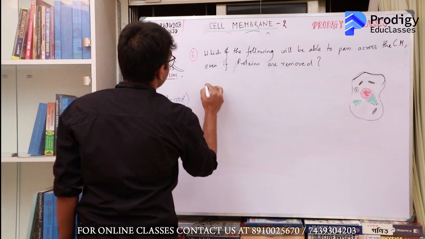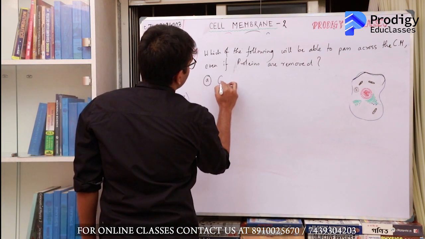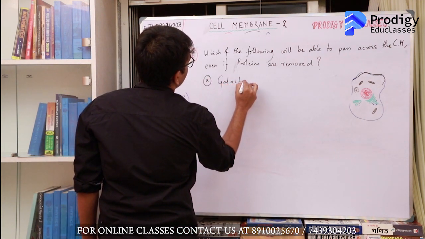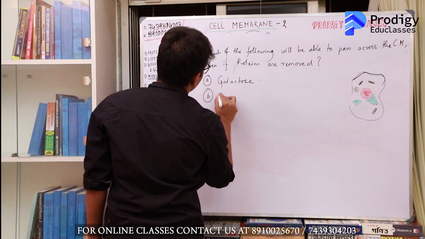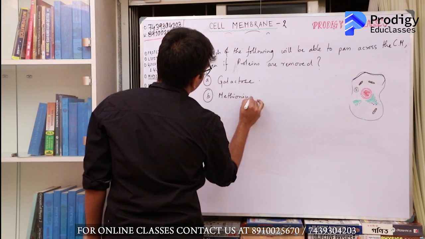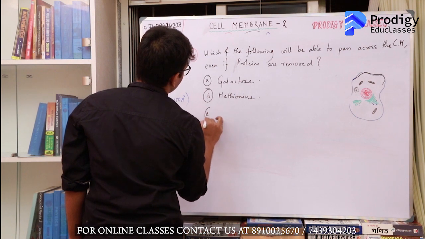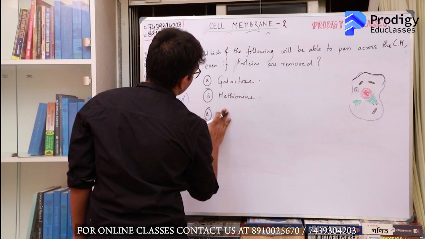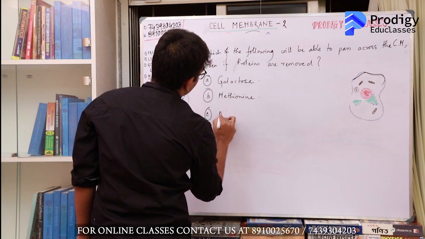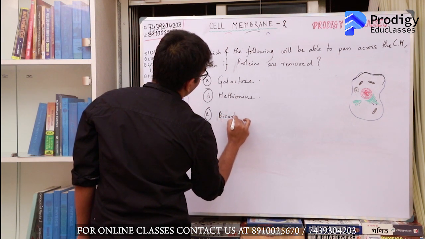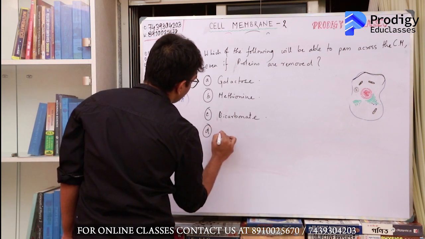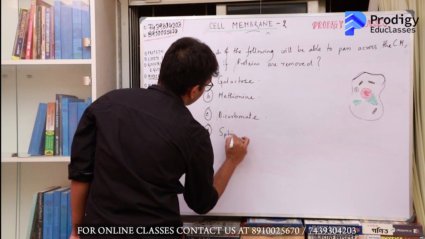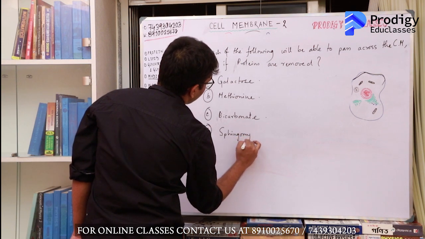Option A, galactose. Option B, methionine. Option C, bicarbonate. And option D, sphingomyelin.